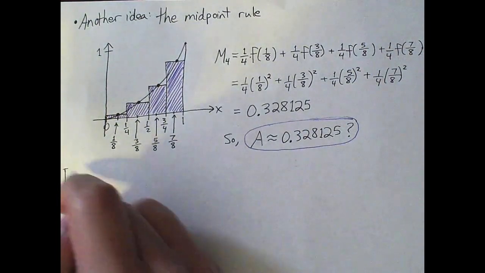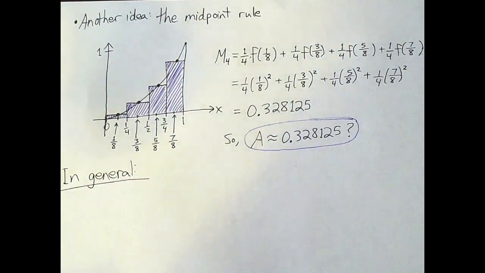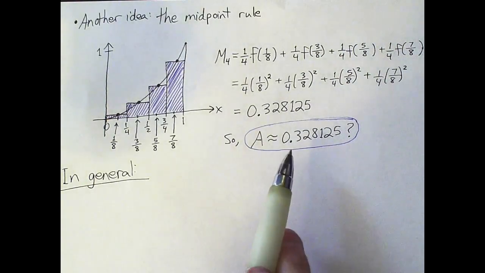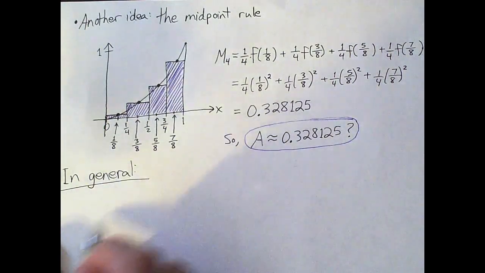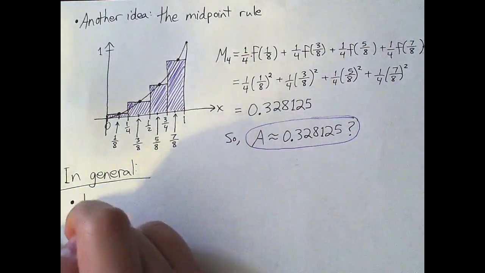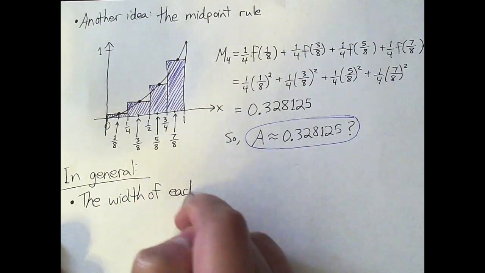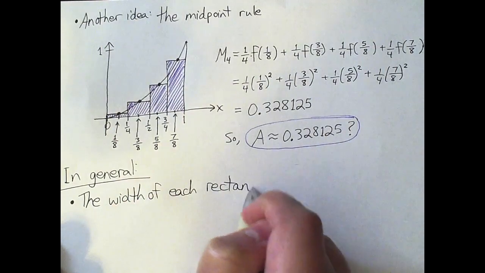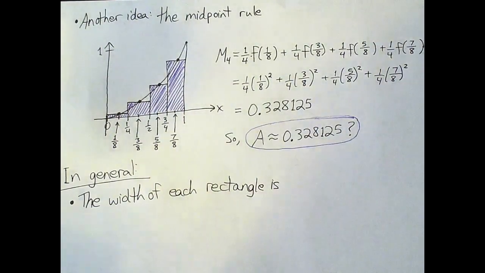Now, let's take a step back and speak more generally about this type of problem. This whole time, we've been working with the function f of x equals x squared. We had a certain interval that was given, an area we've been trying to estimate. But this principle could also apply to other functions and other intervals, so we want to be more broad here. I'm going to say that the width of each rectangle is, you know how I've been saying the width of all of these is 1/4?